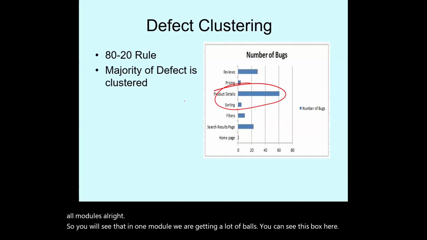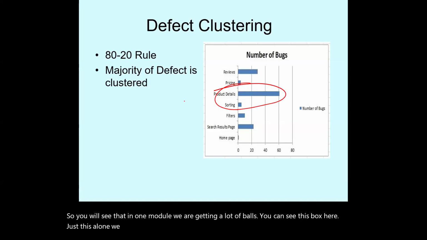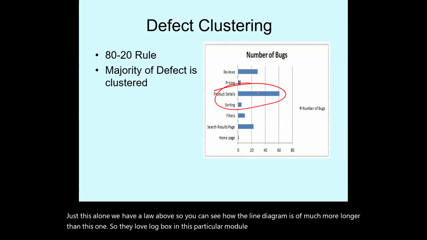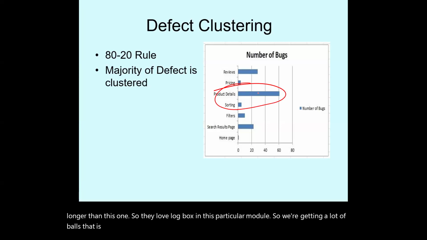Just this module alone has a lot of bugs. You can see the line diagram is much longer than this one, so they log a lot of bugs in this particular module. That is basically defect clustering.